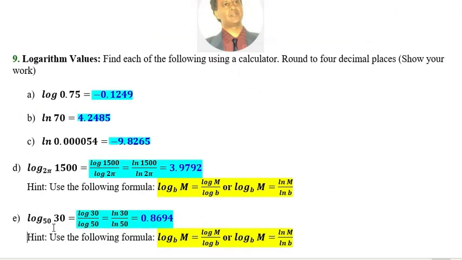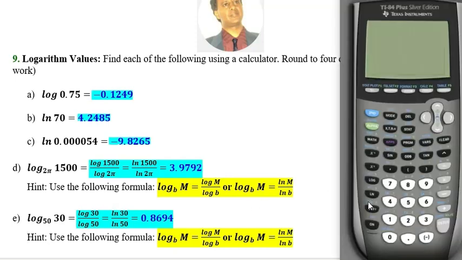E is log base 50 of 30. In the calculator, you don't have log base 50 of 30 or log base 2 pi of 1500. So we're going to do change of base, which is log m over log b, or ln m over ln b. So that is log 30 over log 50, or ln 30 over ln 50. Both of them should give you 0.8694.